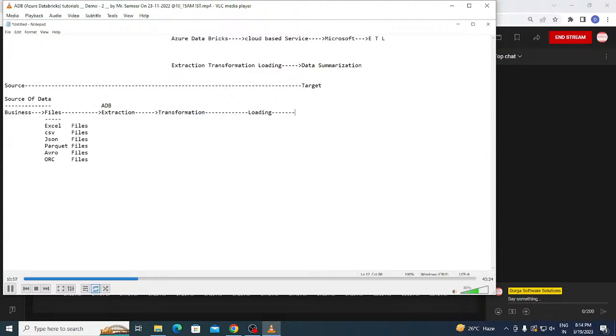Loading means the final data will be transferred to the destination, that is called the target, or we can say destination.